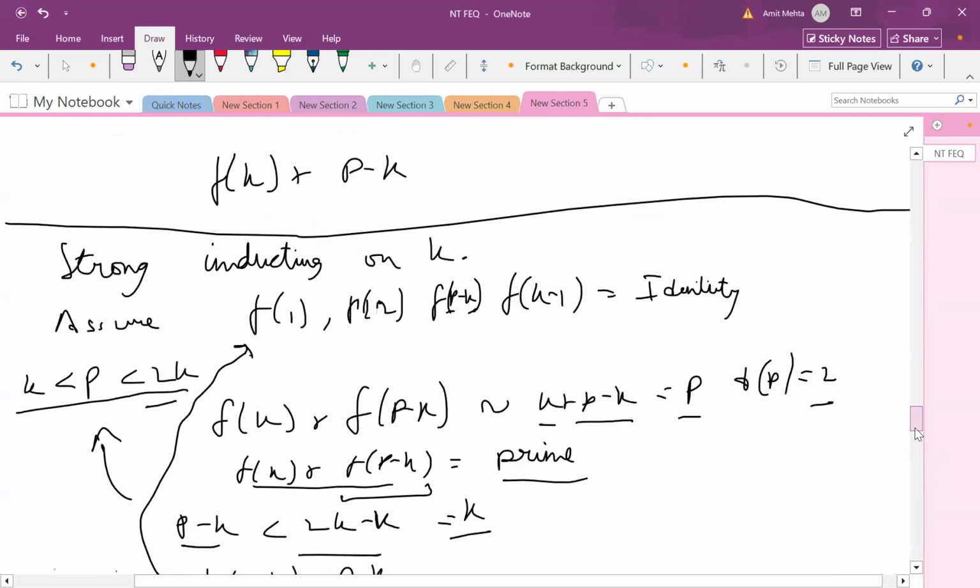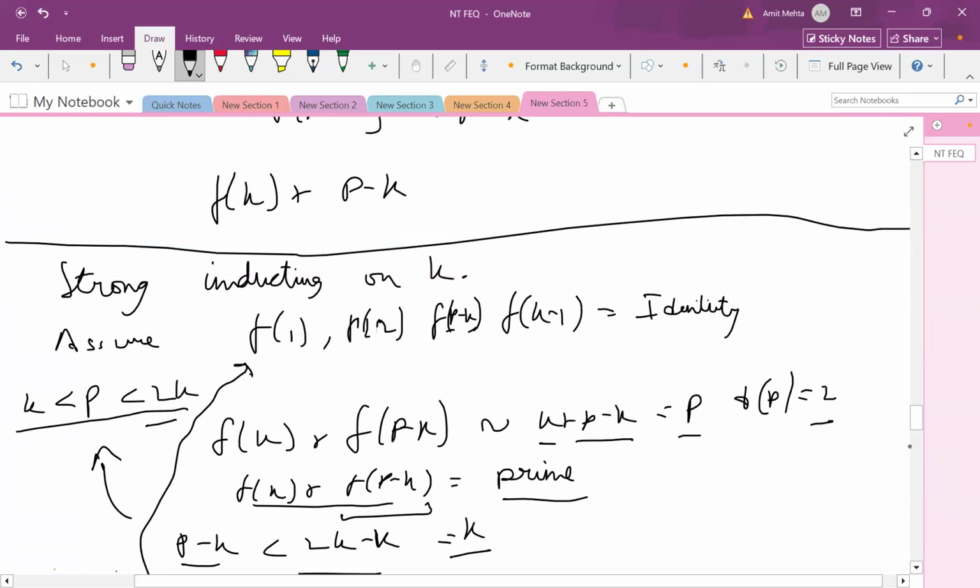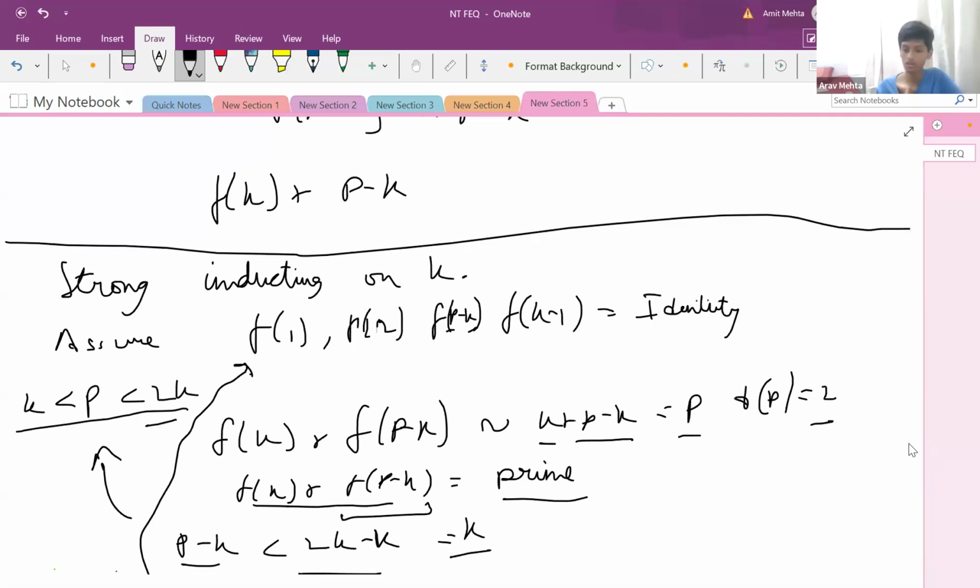But in the proof, for k we proved that k just has the same parity as f of k, then we cannot proceed on to k plus 1, right? Now k plus 1 is not the identity, like f of k plus 1 is not k plus 1, we haven't proved that.